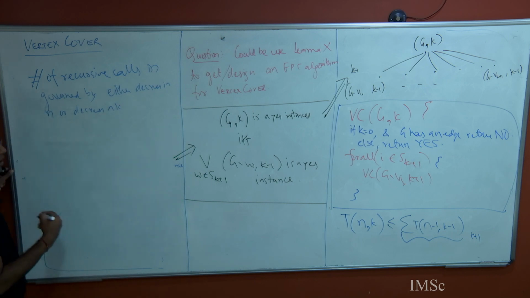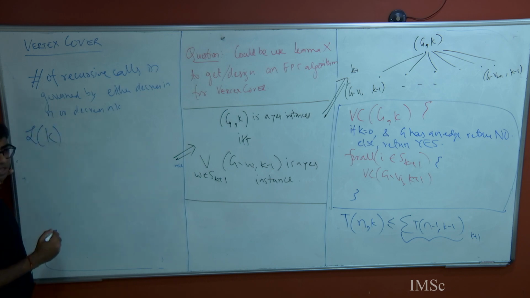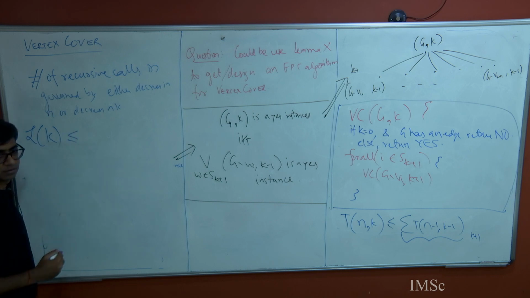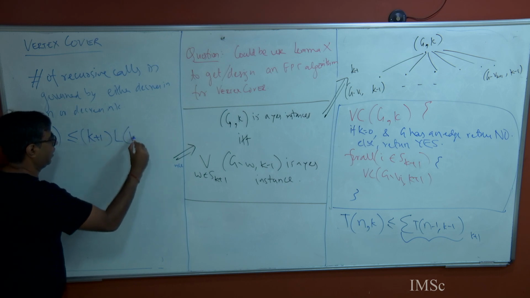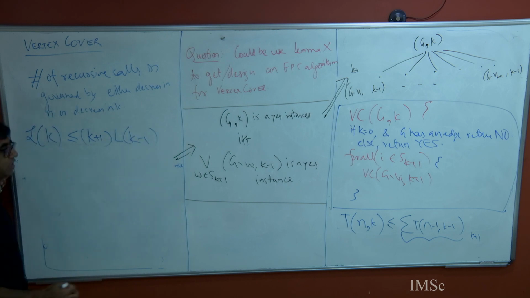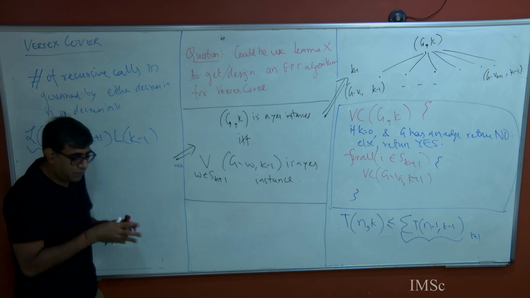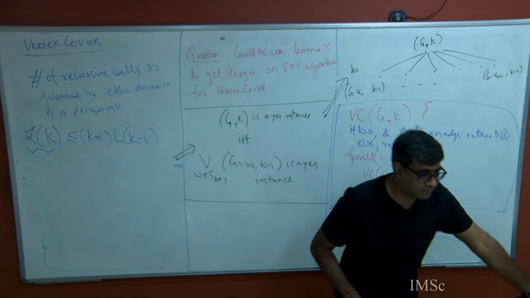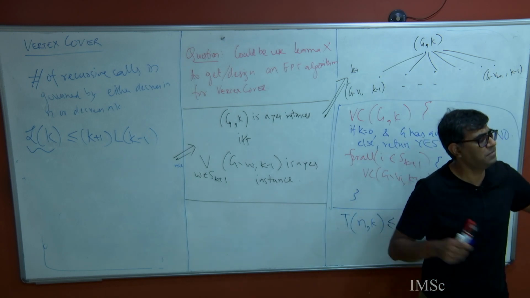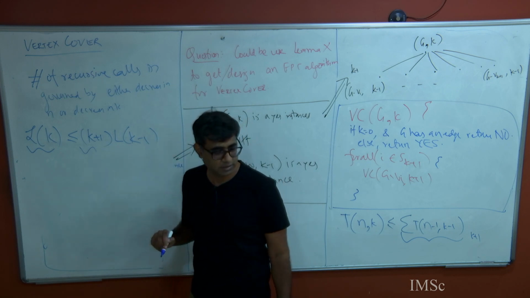So the number of recursive calls, let us call it L of k. What is this L of k? Can I write it as k plus 1 times L of k minus 1, right. The number of recursive calls I am going to have on an instance of size k is upper bounded by the number of recursive calls on this instance plus this instance plus this instance. How many such instances? At most k plus 1 times this, right. What does this solve to?